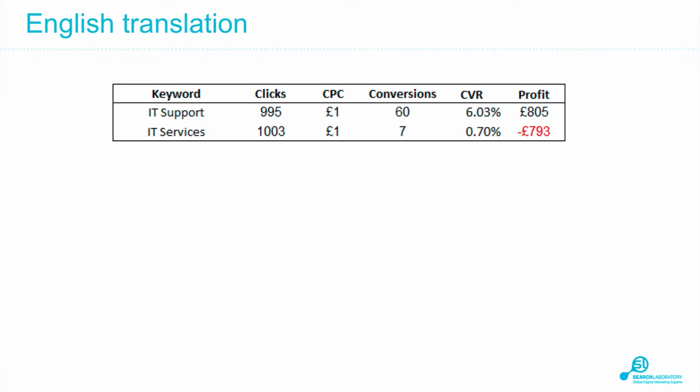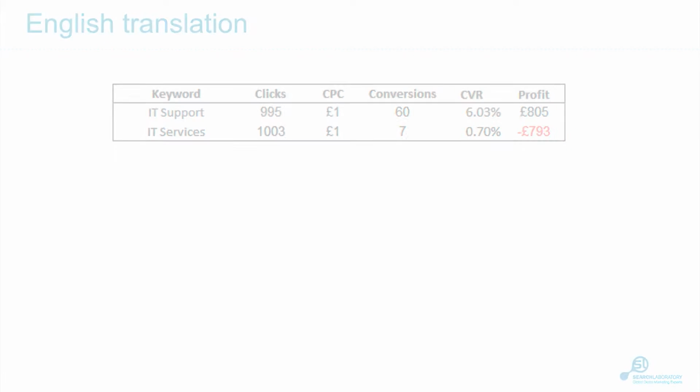That is PPC management. Now, the important thing for international PPC management, I've translated those keywords there. That's what they mean in English. IT support and IT services, same statistics. Does it make any difference to our bid decision on those keywords? This is not the £20 question.